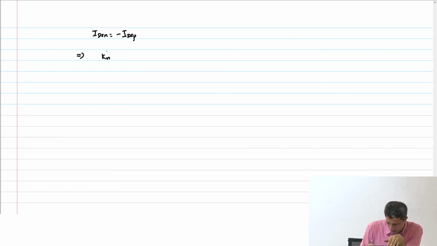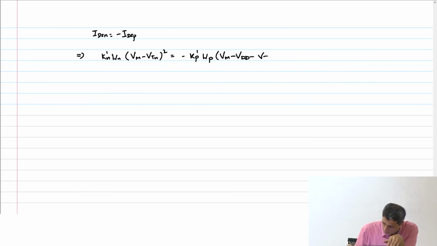This implies Kn prime Wn into (Vm minus Vtn) the whole squared equals minus Kp prime Wp into (Vm minus VDD minus Vtp) whole squared.